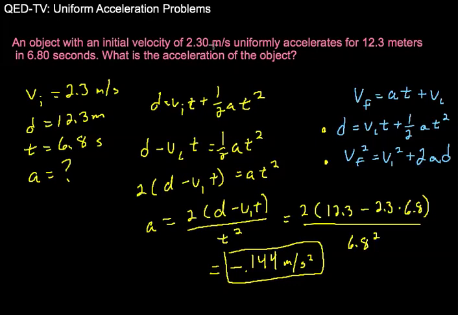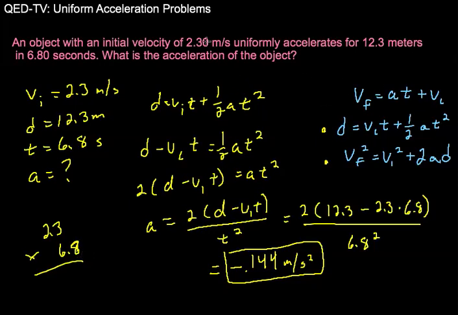And another way to look at this, in fact, is let's say that maybe this isn't accelerating at all. It's constant velocity. It's always 2.3. Well, then how far would it have gone in 6.8 seconds? Well, that's pretty easy. You just take 2.3 times 6.8, and clearly we get something like over 15 meters.